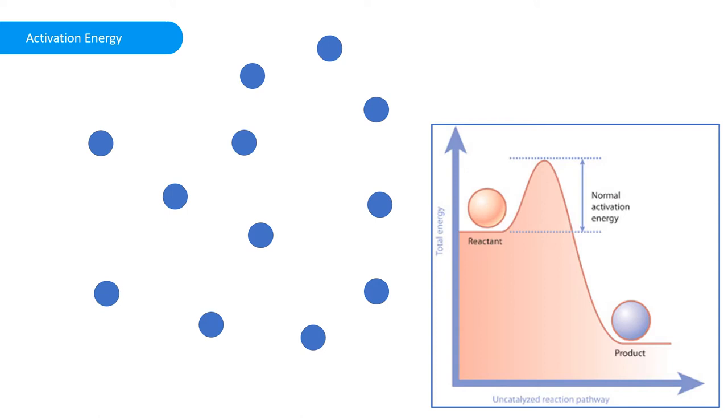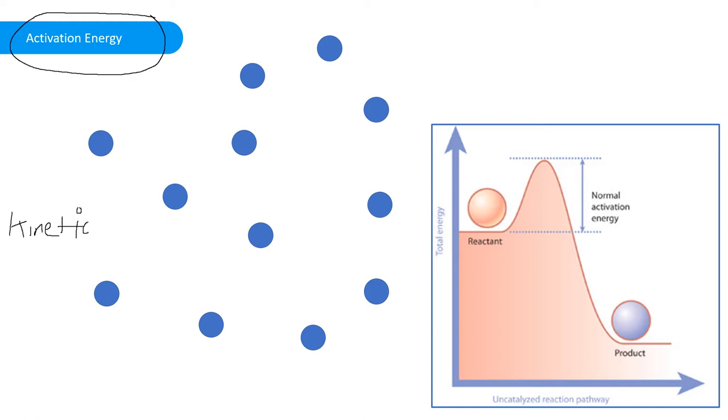So for a reaction to take place, we need some kind of activation energy. And I want you to consider these blue dots as being molecules in a container. And if we froze them in a freezer, surprise, surprise, then how much kinetic energy do you think that these molecules will have?